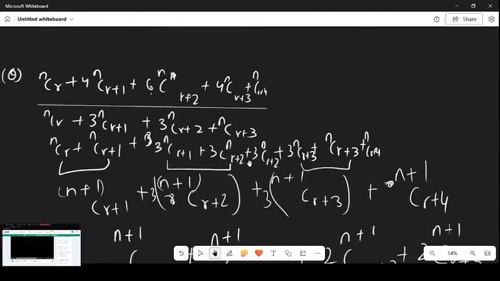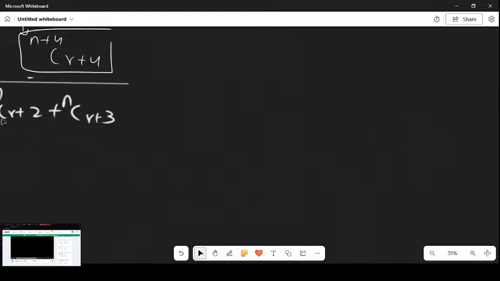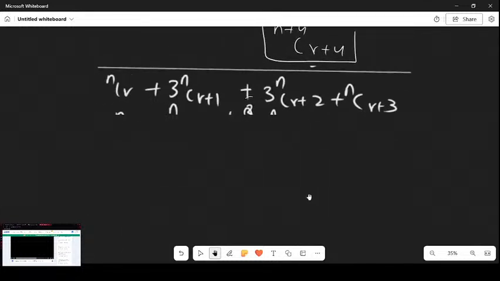Now हमारा काम है to solve the denominator. Let me take a screenshot of it and we can solve it here. Let me just place it here. Okay, let's solve the denominator.